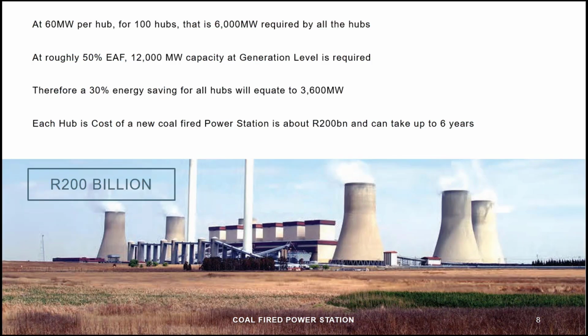Therefore, a 30% overall energy saving from these 100 hubs will equate to a full power station of 3,600 megawatts. Construction of this size power station is above 200 billion in capex costs and takes over 5 years.